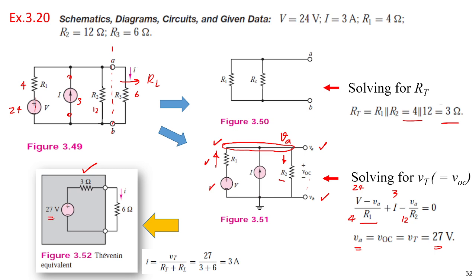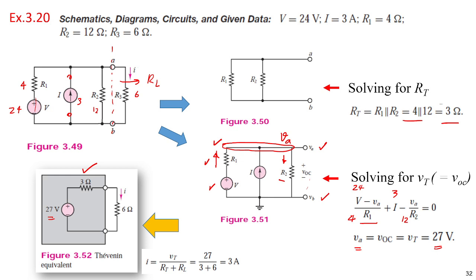So we can find the equivalent circuit of this circuit as one single source and one resistor. When we connect 6 ohm here, it will be equivalent to connecting 6 ohm here.